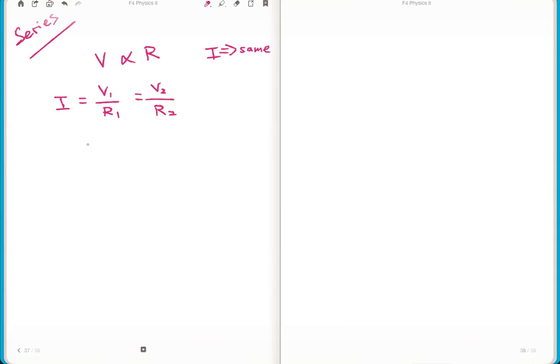Put them into simpler form: V1 over R1 is equal to V2 over R2. Let's focus on this part.